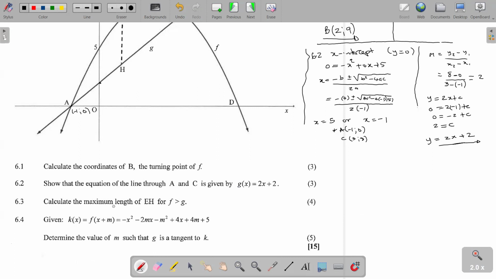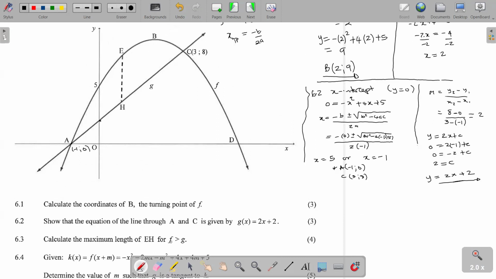It's saying calculate the maximum length of EH for which F is greater than G. So if we are to check, we want the part where F is greater than G. That is the first part that we are going to concentrate on. That distance, so we are going to say F minus G to obtain that distance. That is question 6.3.